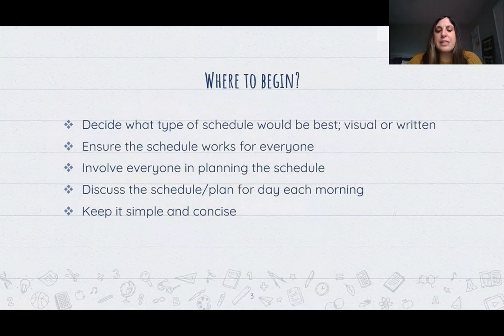It's important to use a schedule that is most appropriate for your child, whether it will be a visual schedule or a written schedule. Something that's easy for them to follow throughout the day is most important. When developing the schedule, you should ensure that it meets the needs of everyone involved.